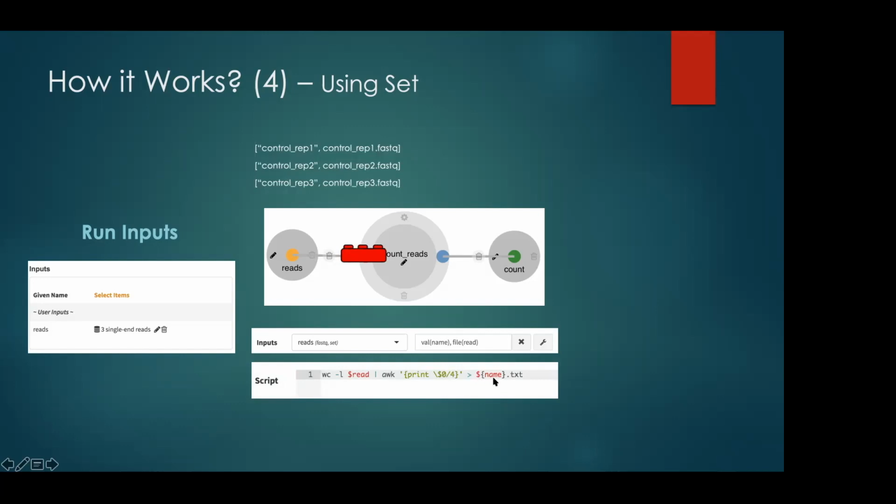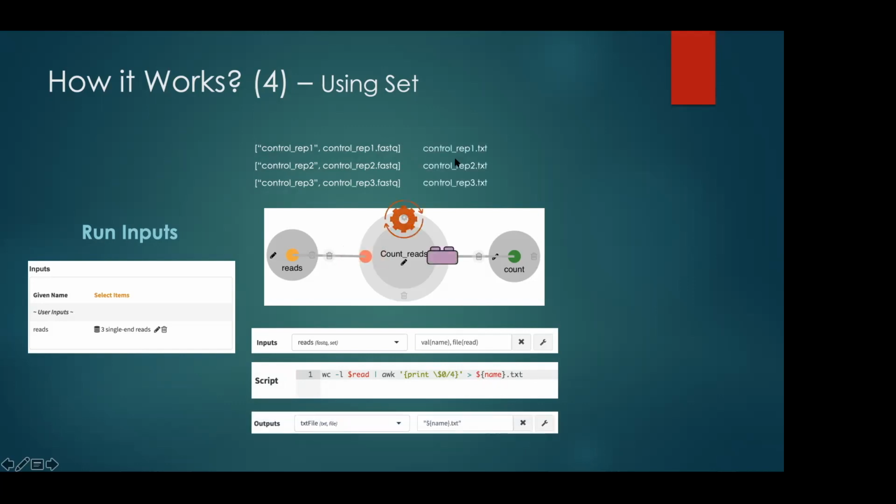We're going to use only the name of this file. So when we execute the process, it will create these count files. So only the sample name is going to be found in that txt file. And inside this output section, I can specify by entering dollar curly brackets name to specify those reads. So I can use these variables inside this output as well.